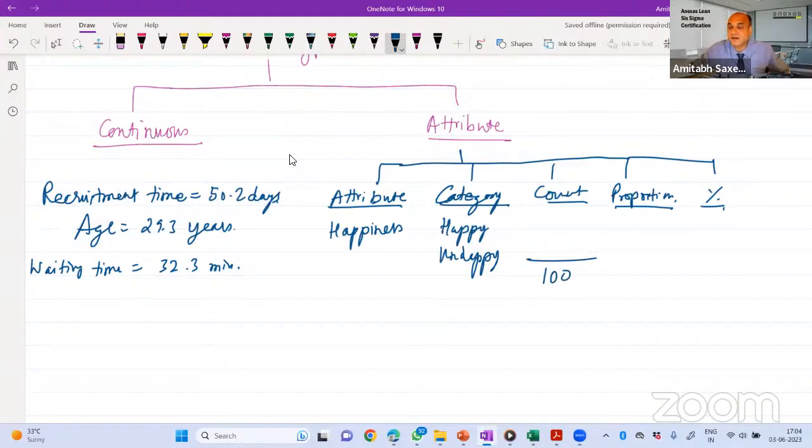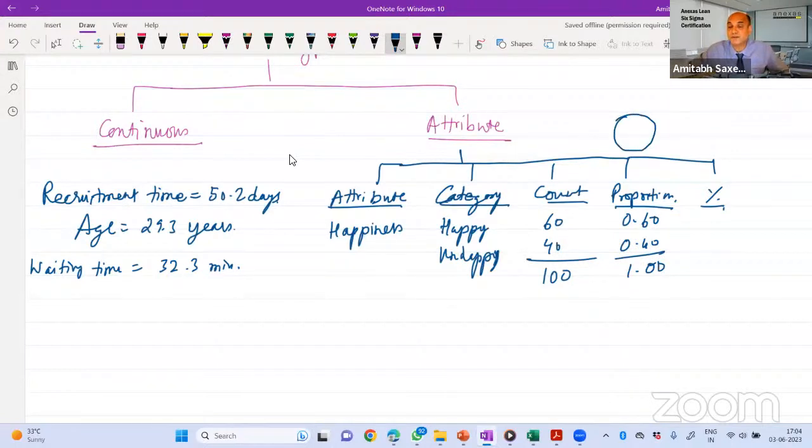Out of 100 employees I checked with, 60 people said happy and 40 said unhappy. Proportion is 0.60 and 0.40. This is 1.00. So proportion means portion.